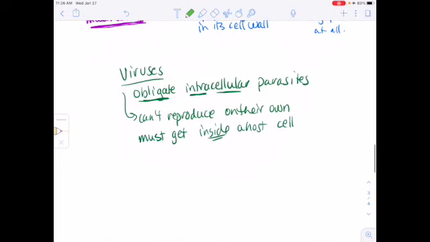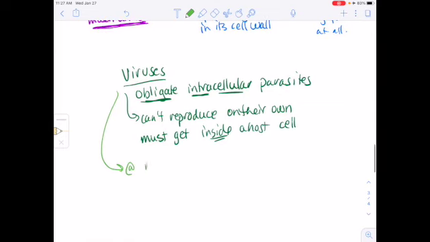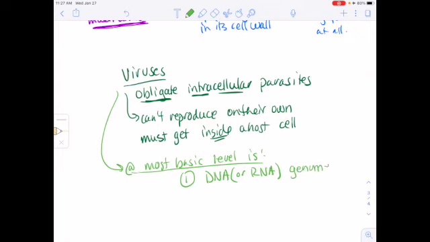Just because all the little icons for viruses are a brighter green, I'm going to go with that. So let's talk about what makes a virus, because I want to be able to talk about coronavirus. A virus, at its most basic level, is just one, a DNA or RNA genome, so a little piece of DNA. There we go, draw it there.